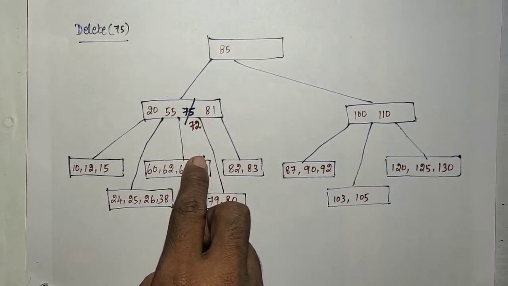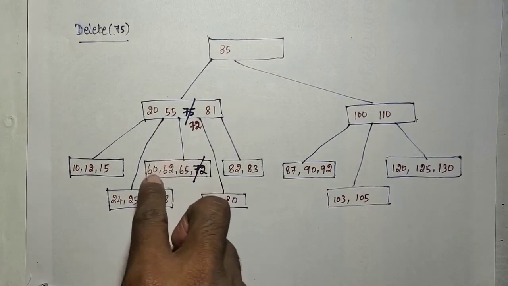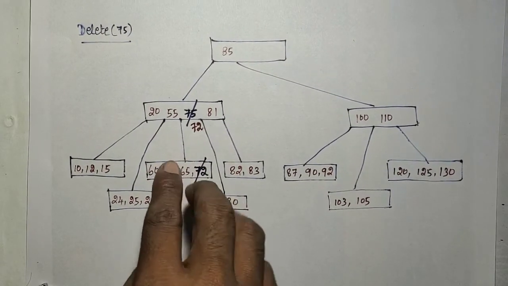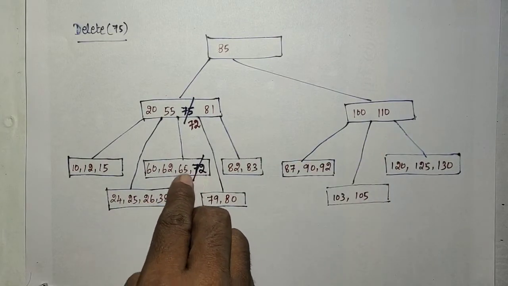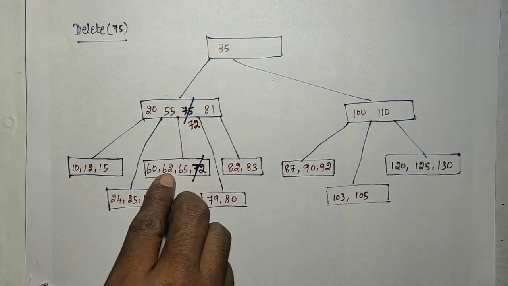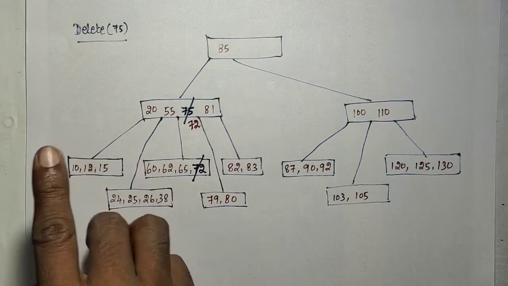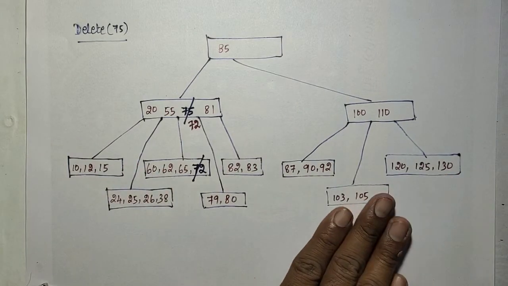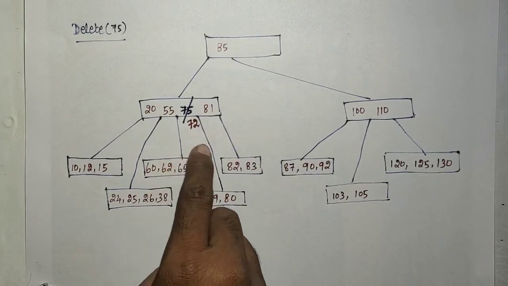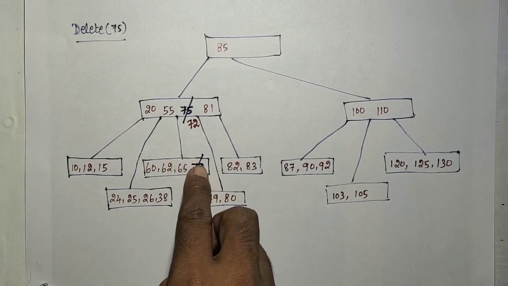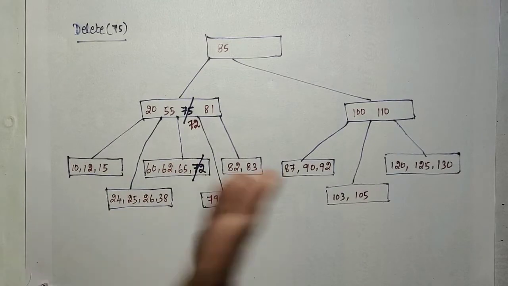We need to check whether that node goes underflow or not. If it is not going underflow, that is, after moving the element the node still satisfies the B-tree property, you can just stop. Otherwise, if it goes underflow, I need to manage it.